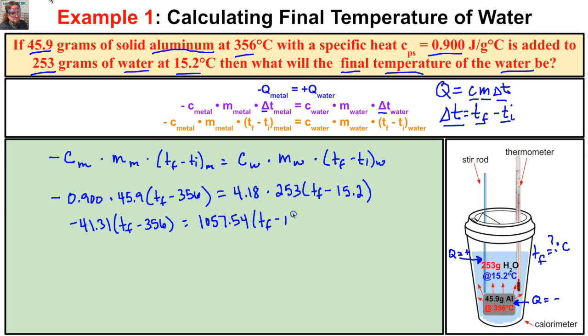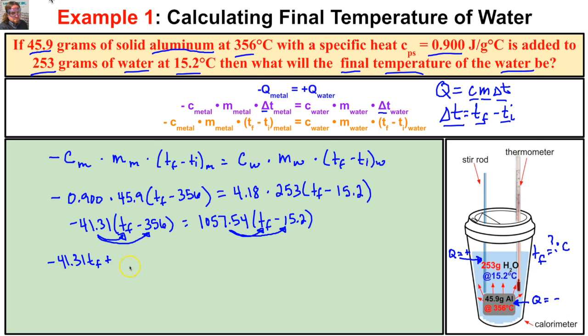times temperature final minus 15.2. And so now what we need to do is distribute this to this term here and this term here. And we need to distribute this to this term here and to this term here. And if we do that, we'll end up with negative 41.31 T final plus, why is it a plus?